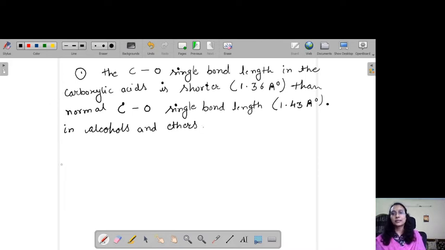This is the one point, and the second point is the carbon oxygen double bond.